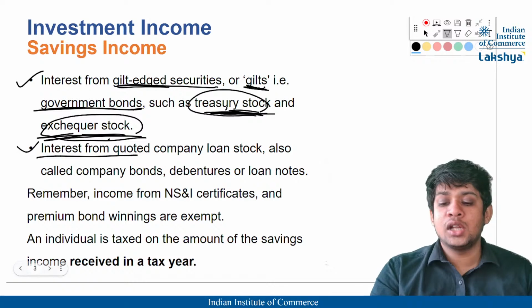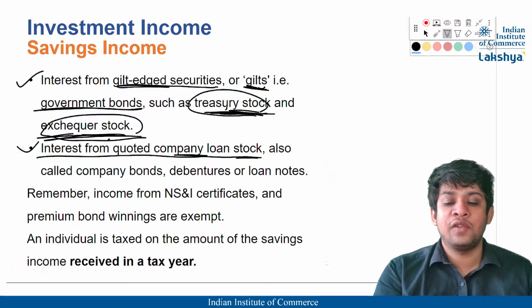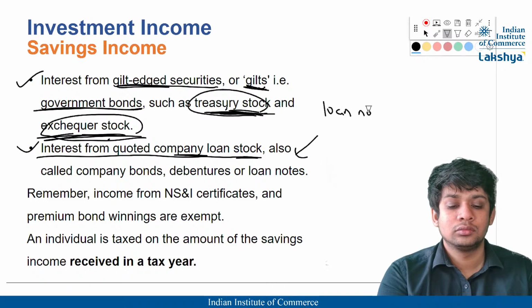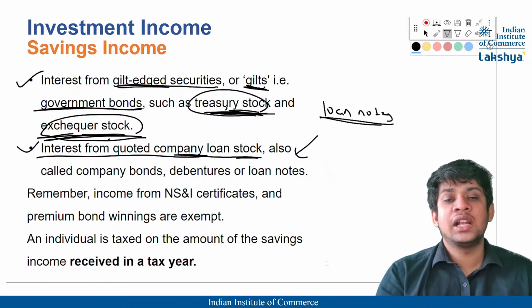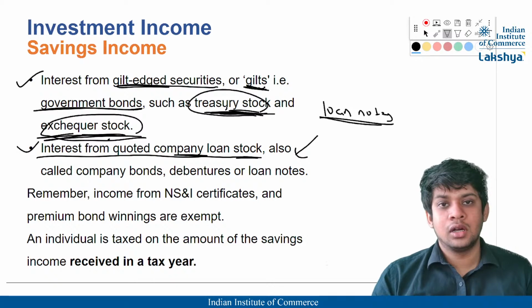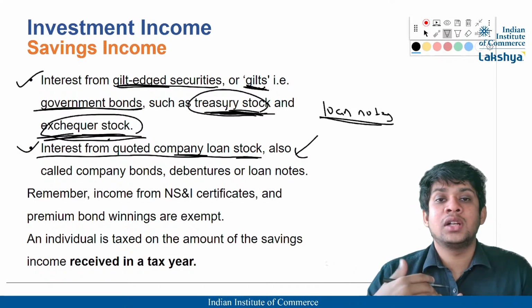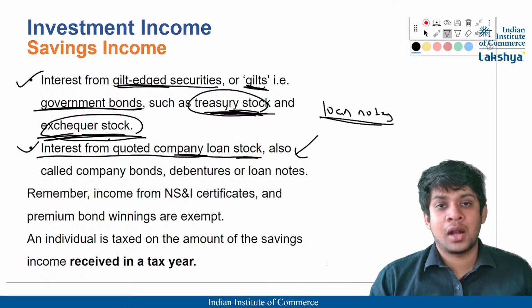Okay, interest from quoted company loan stock. If I have purchased certain loan notes, loan notes are nothing but tradable debt out in the market. That means the company, instead of taking a simple bank loan, takes loan notes out from the market.